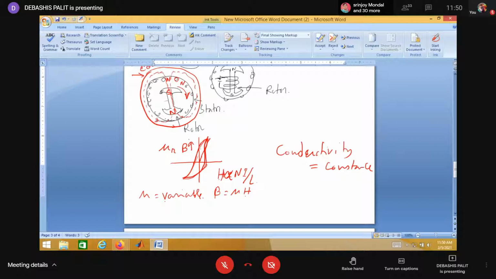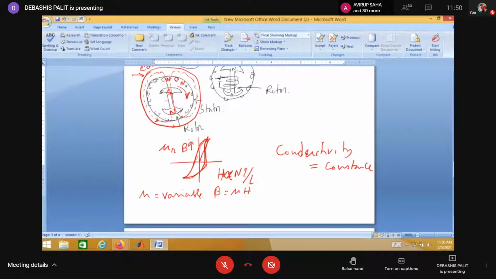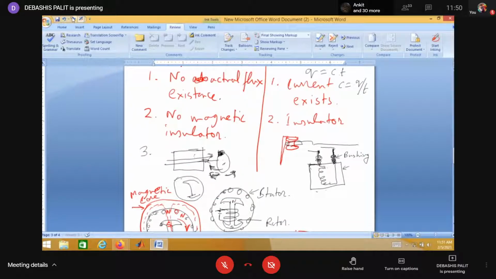Sustaining means the flux should sustain and flow through the conductor. It is the perpetual thinking. If there is a transformer like this, there is a coil like this, there is a conductor, another conductor.